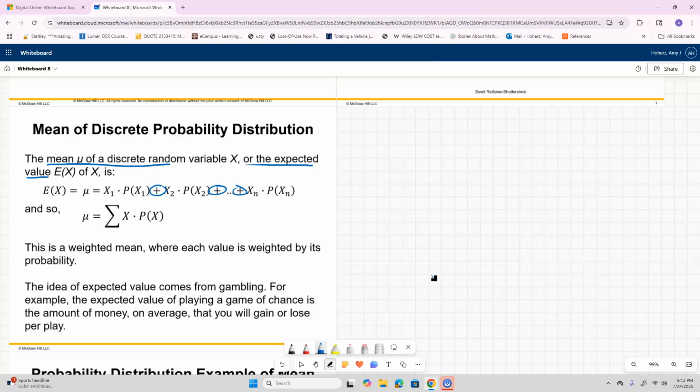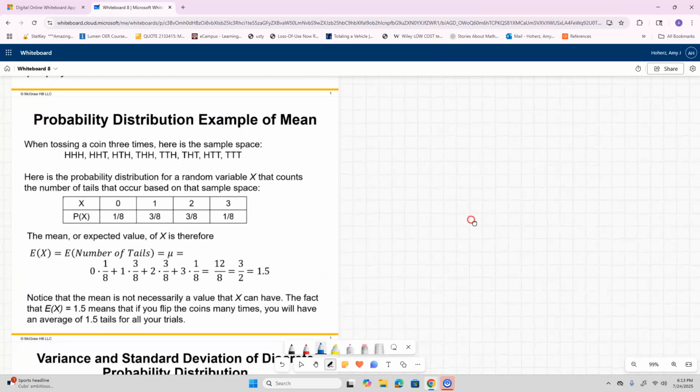If you calculate the expected value and it comes out as a positive number, that means you're expected to win overall, to be ahead after playing many times. If you get a negative number, that means you're expected to lose money if you play the game many times.